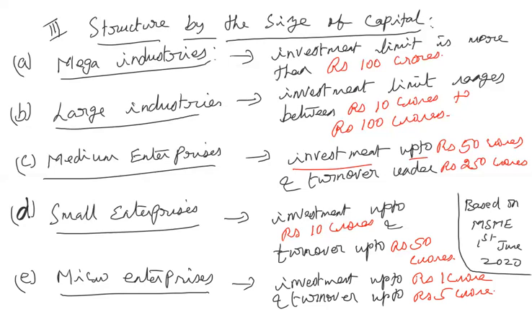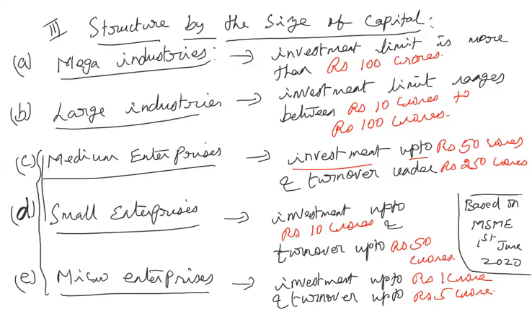See, there is a reason for categorizing small industries, large industries, medium industries and all. All these three come under the MSME. The smaller an enterprise is, the more concession it will get from the government. So if you want loan concessions or raw materials, there are so many facilities the government is providing to the small enterprises in the country.